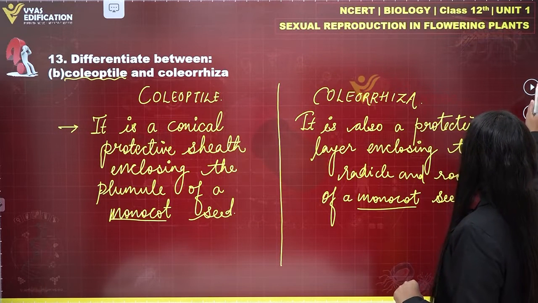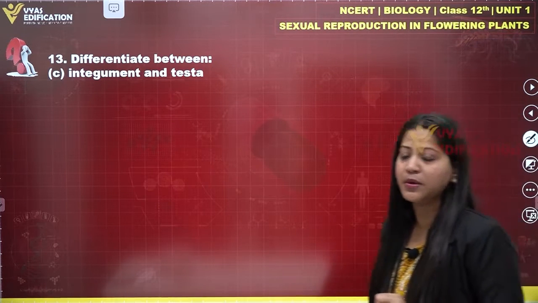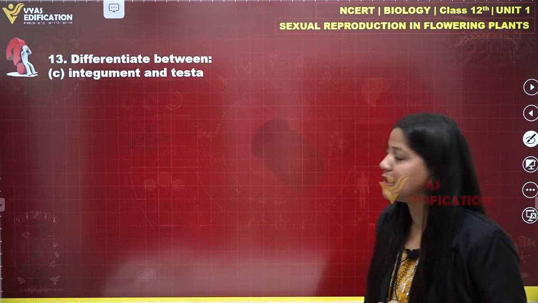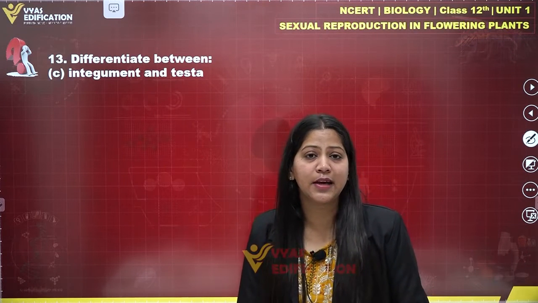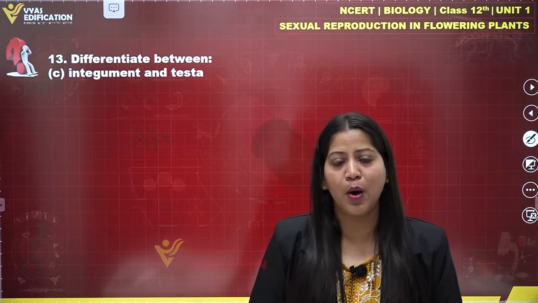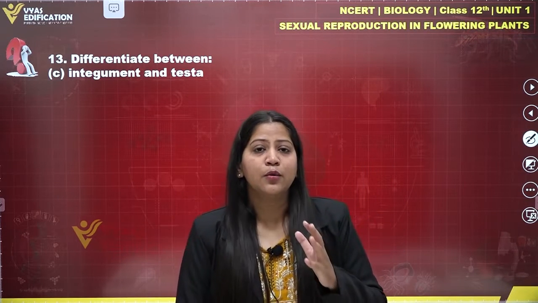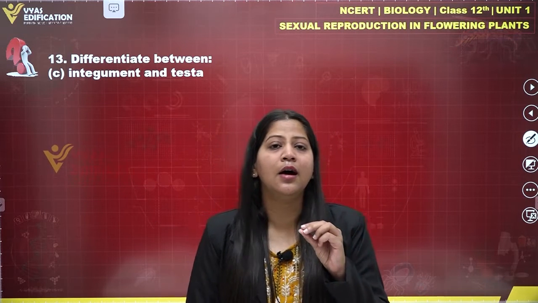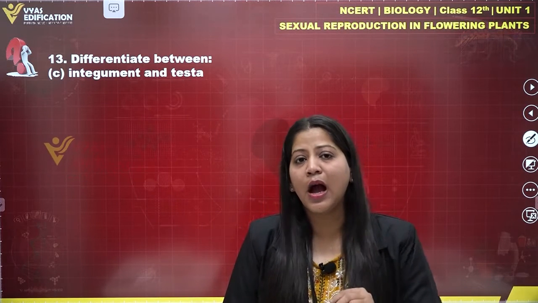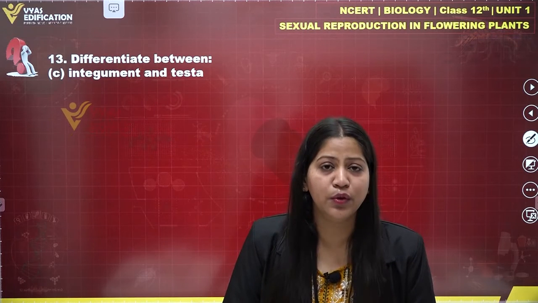Now moving on to the third part of question number 13, that is differentiate between integuments and testa. You must have heard about integuments, alright. What is integument? We find integuments as the outermost covering of an ovule. What is ovule?